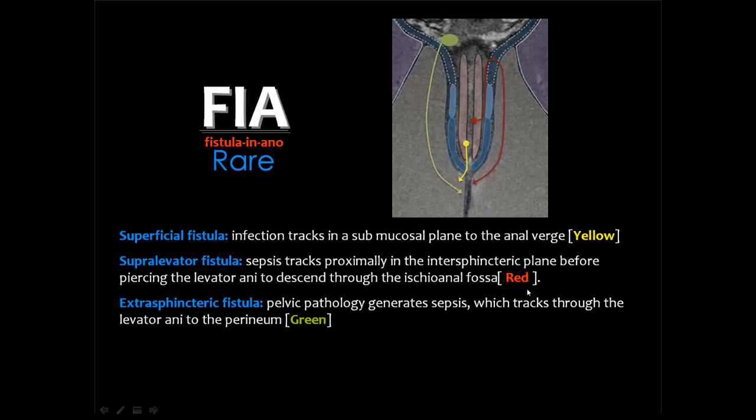The last one, the extrasphincteric fistula, where you have an opening externally around the anal opening, and the tract passes through the ischioanal fossa until it crosses the levator ani and connects to the rectum.